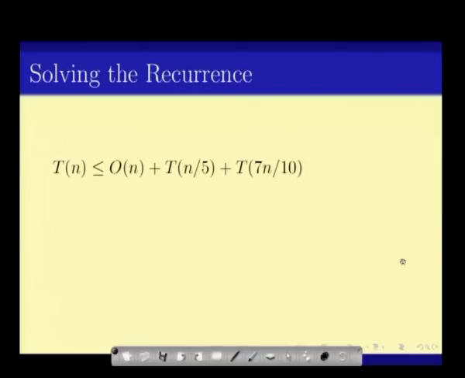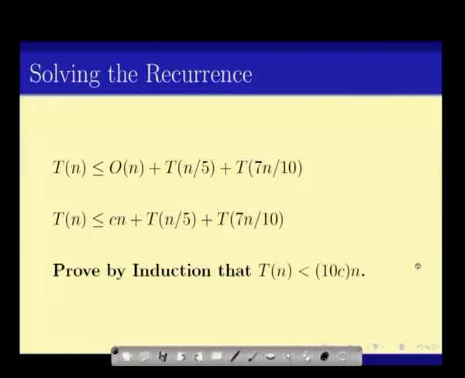One can see that this can be solved by induction. So, we have such an argument: T of n is less than order n plus T of n over 5 plus T of 7n over 10, which means T of n is some constant times n plus T of n over 5 plus T of 7n over 10, and this can be proved by induction that T of n is less than 10 times C, whatever that constant C was, times n.